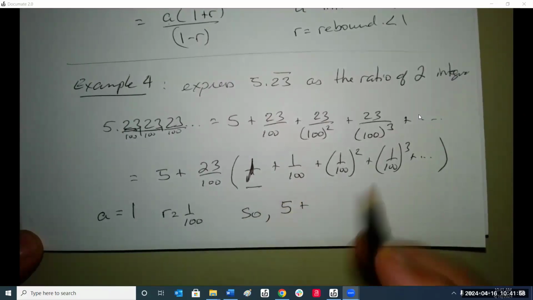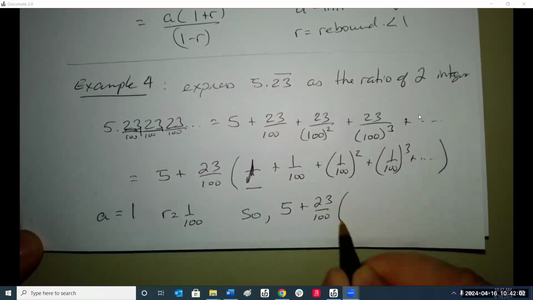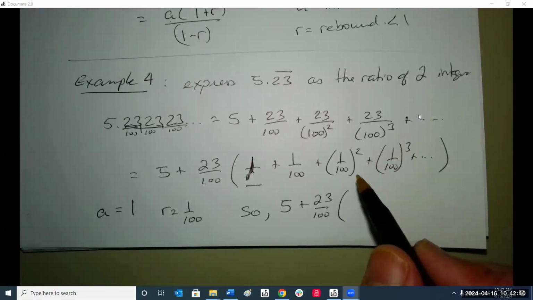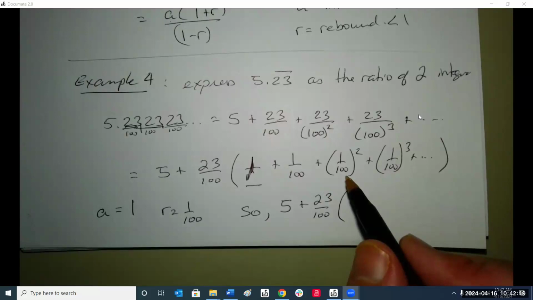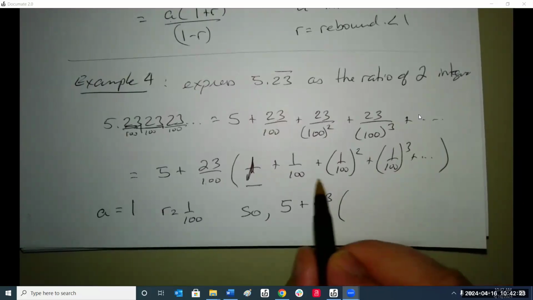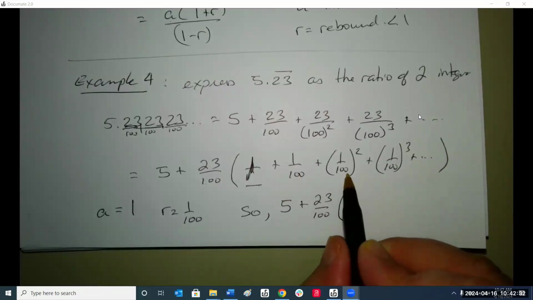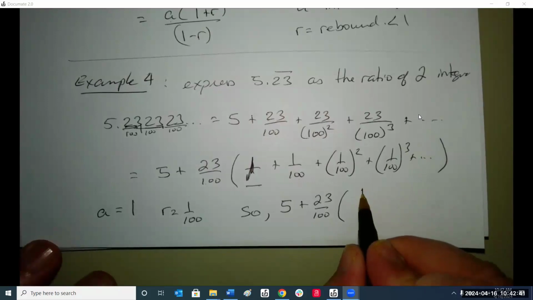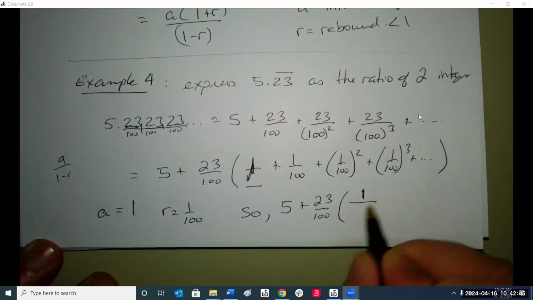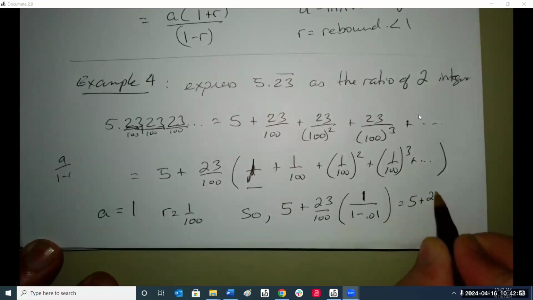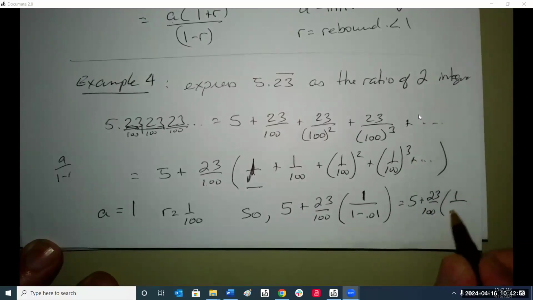So we get 5 plus 23 over 100, times A over 1 minus R. A is 1, 1 minus 0.01 is 0.99, so 1 over 0.99.